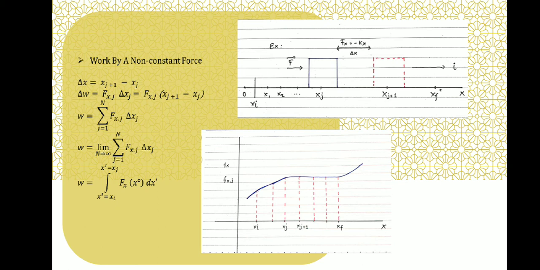So our displacement is delta x equals xi plus 1 minus xi. The work for this displacement is the force as a function of x times the displacement, so we get Fx of xi times xi plus 1 minus xi. If we want the total work, we have to add the sum from i equals 1 to n of Fx of xi delta xi.